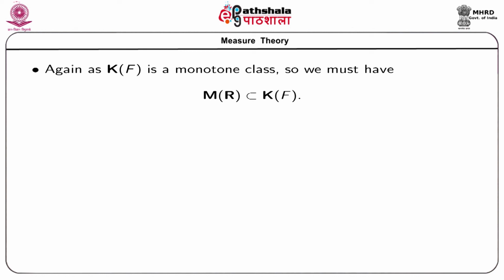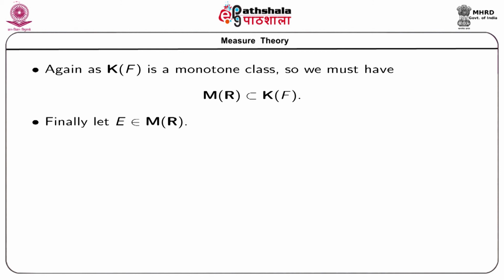So, Kf is a monotone class, and as MR is the smallest monotone class containing R, we must have MR subset of Kf.